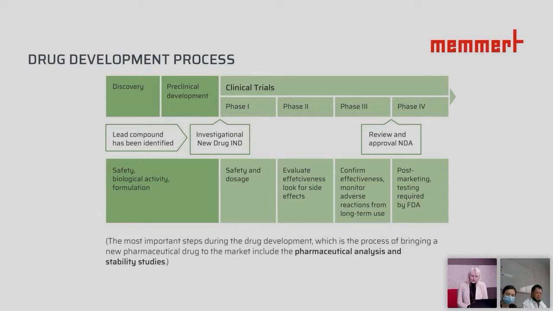When we talk about the preclinical development, that means a lead compound has been identified. So here, the stage of research that begins before the clinical trials, which is the testing in humans. And here you have to consider that there are a lot of compounds and only one enters, for example, this drug discovery stage.